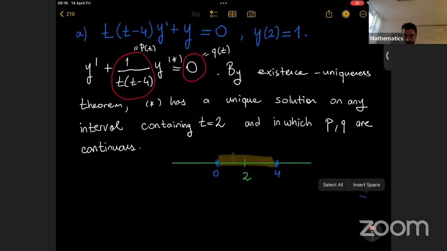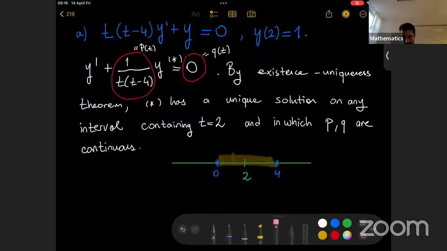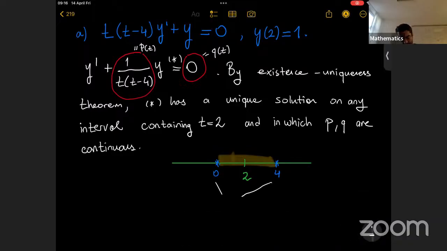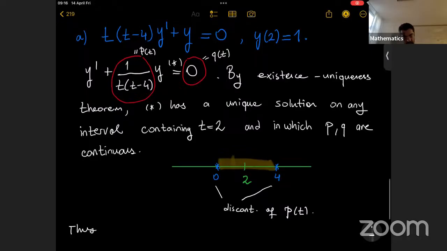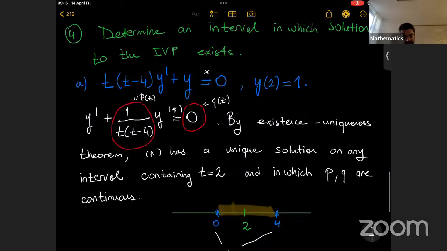So these are discontinuities of p of t. Thus, let's call it star here.